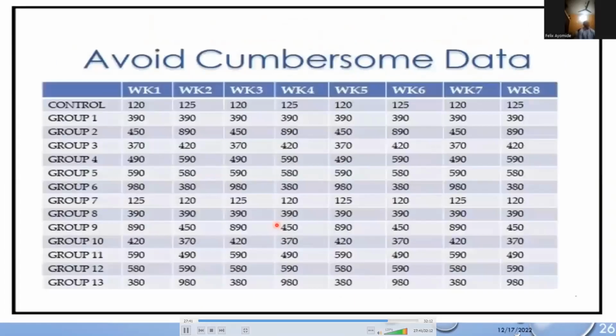Now this is a cumbersome data. You avoid a clumsy data like this. If you look at this slide, this individual intends to talk about the result he obtained over some period of time, maybe weeks, against the group. Now, it's not in every situation that you have to present all this information.